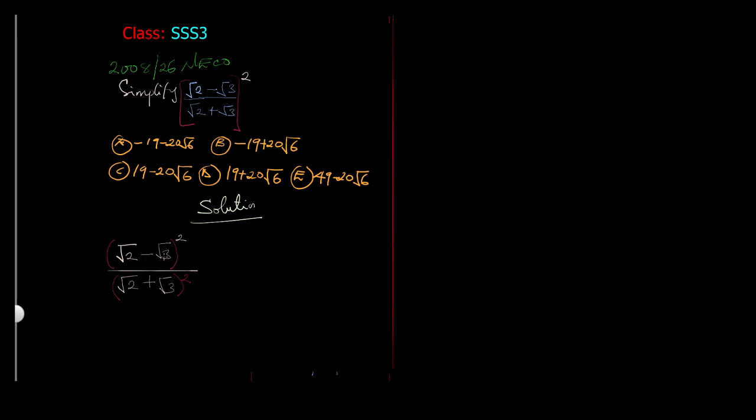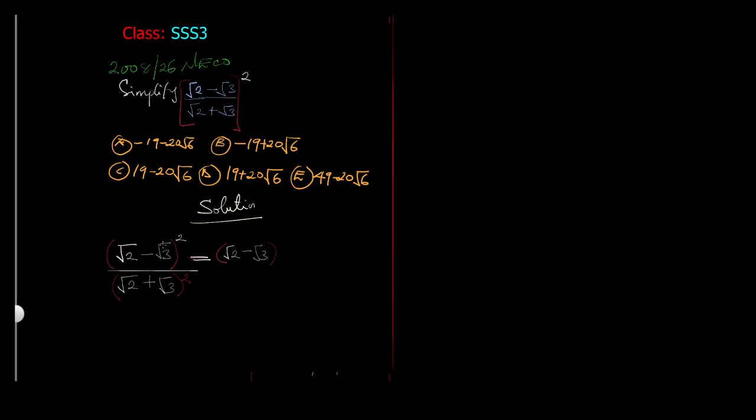Immediately we've done this, we can now open up those brackets and start our multiplication. What we've done here is the same thing as writing it like this: still bracket opening, square root of 2 minus square root of 3.